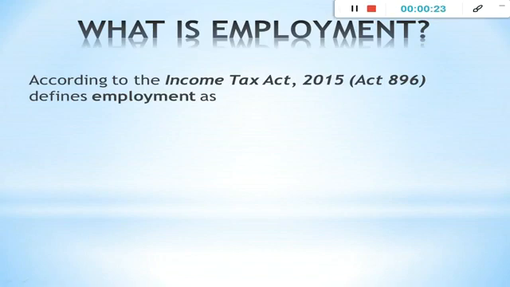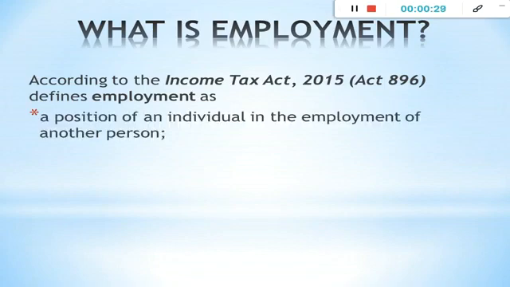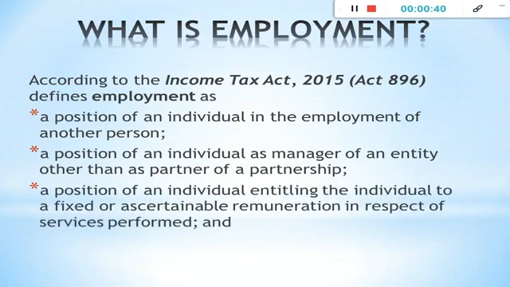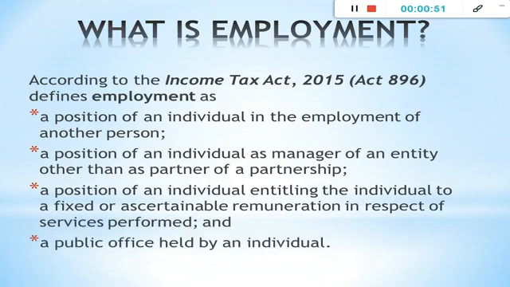According to the Income Tax Act 2015, Act 896, employment is defined as a position of an individual in the employment of another person, or a position of an individual as a manager of an entity other than as a partner of a partnership, or a position of an individual entitling the individual to a fixed or ascertainable remuneration in respect of services rendered, and a public office held by an individual. So these are the various ways you can see that a person is under employment. A person is being employed.